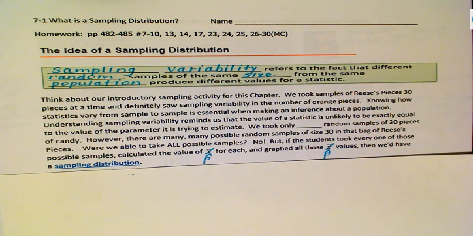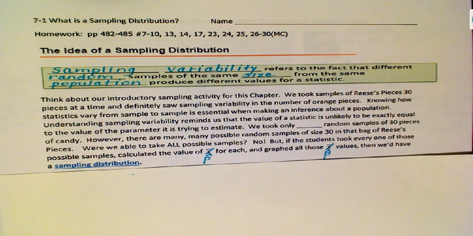We took samples of Reese's Pieces, 30 pieces at a time, and definitely saw sampling variability in the number of orange pieces. Knowing how statistics vary from sample to sample is essential when making an inference about a population. Understanding sampling variability reminds us that the value of a statistic is unlikely to be exactly equal to the value of the parameter it's trying to estimate.